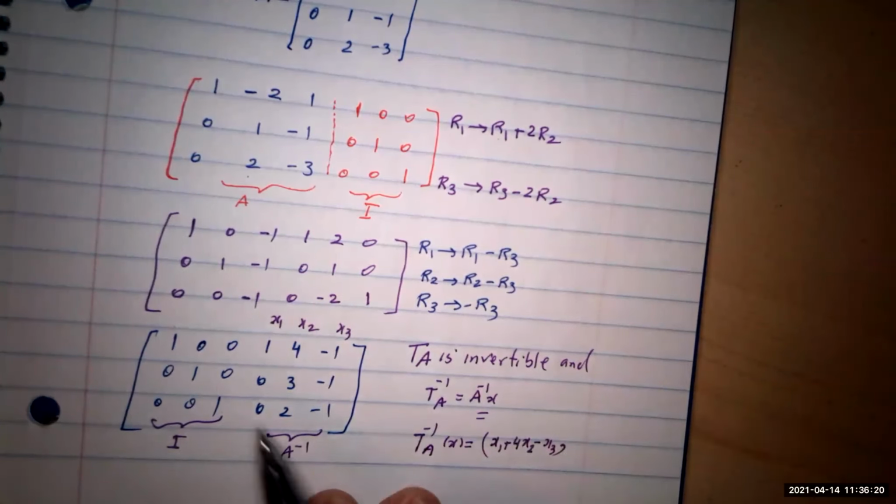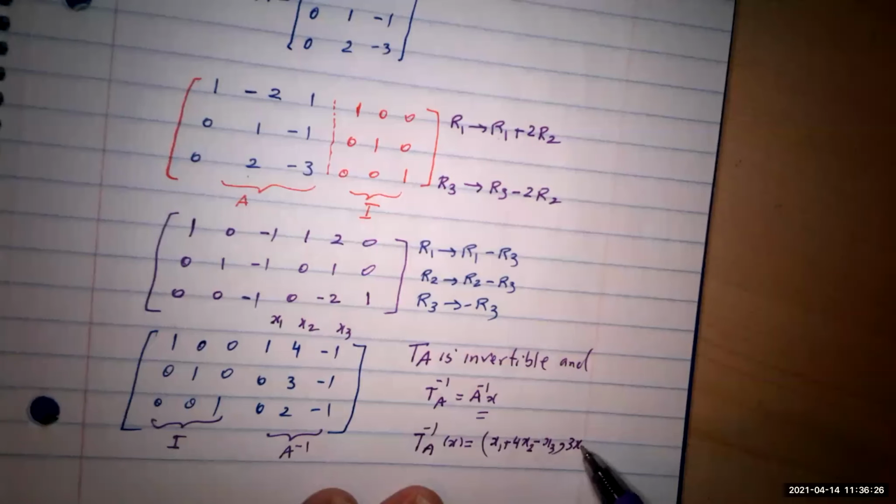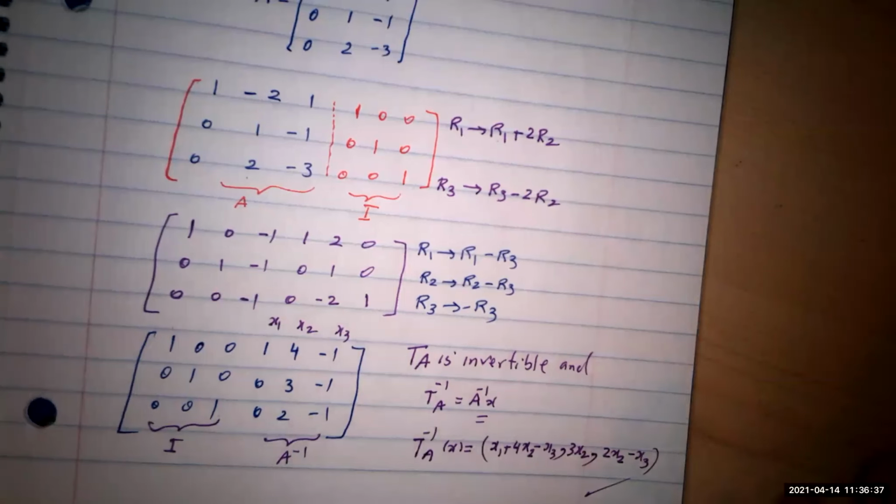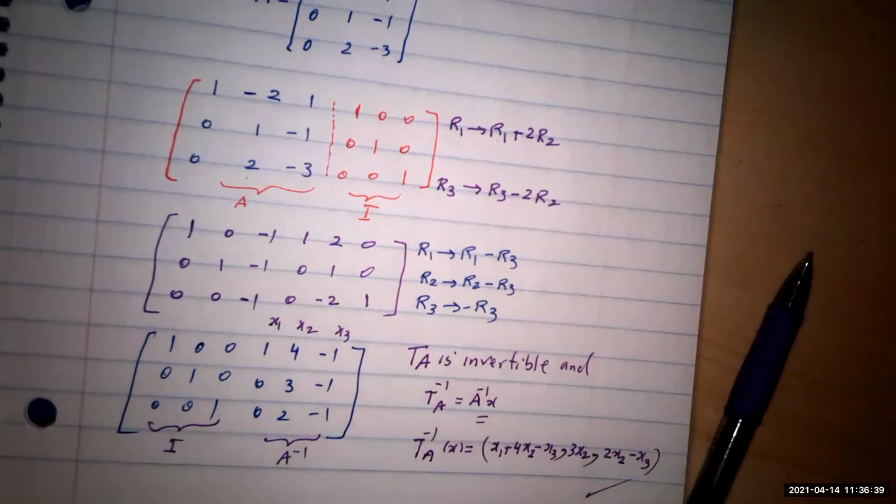That's the first component. The second component, there's no X1 and the X3, so that gives 3X2. And the last one, there's no X1, so that gives you 2X2 minus X3. This is it. That gives you the inverse.